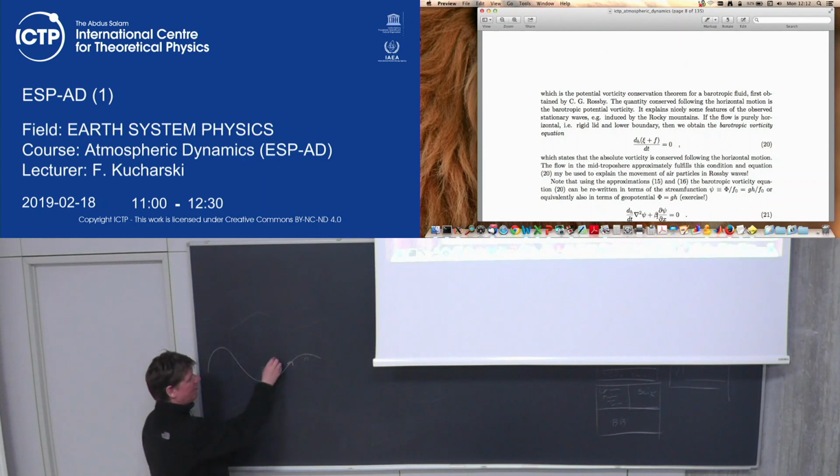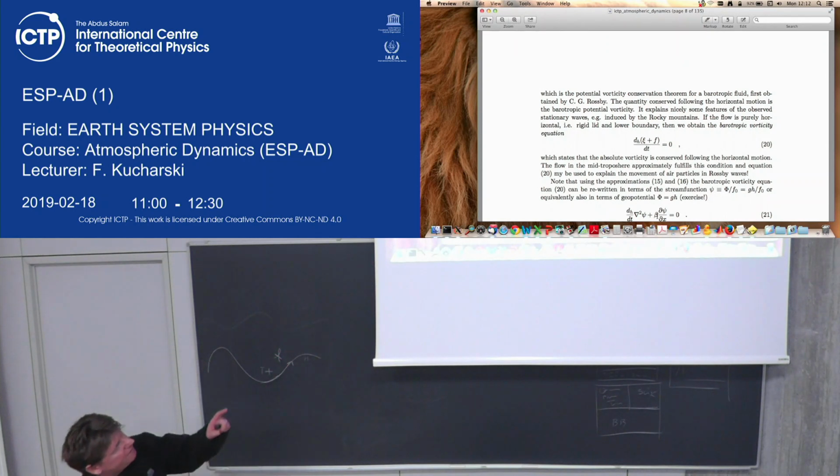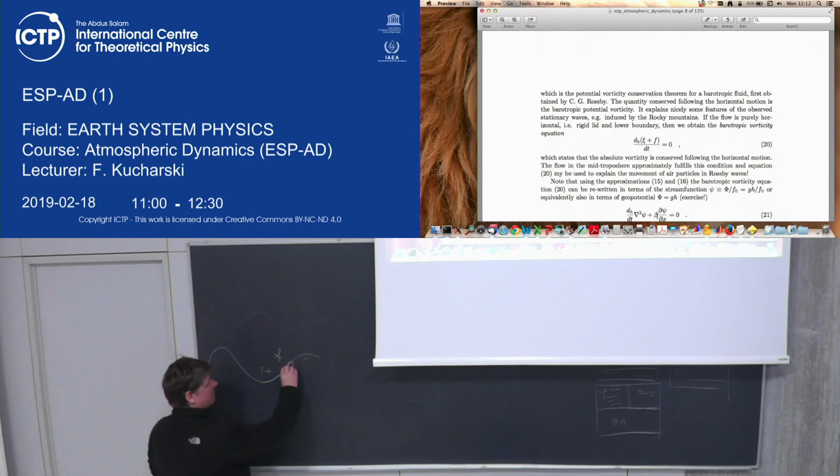As we go to the north, according to this law, f is what is happening. If we go to the north, f is increasing, right? f goes with the sign of the latitude. That's increasing. But if that's increasing, then according to this law, the vorticity has to decrease. So it has to prescribe a negative vorticity.